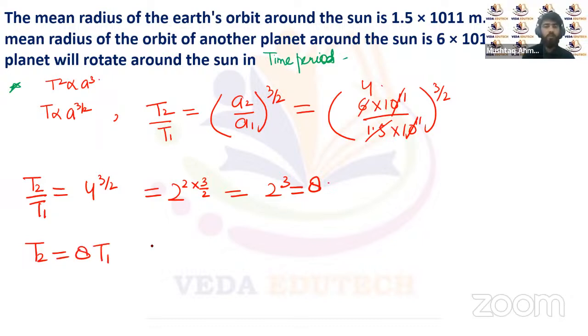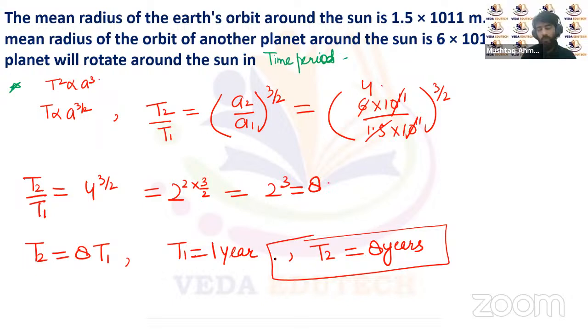Now the time period of Earth around the Sun is 1 year, so T1 is equal to 1 year. It means that the time period of the second planet will be 8 years. It means that the second planet will take 8 years to complete one revolution around the Sun, right?